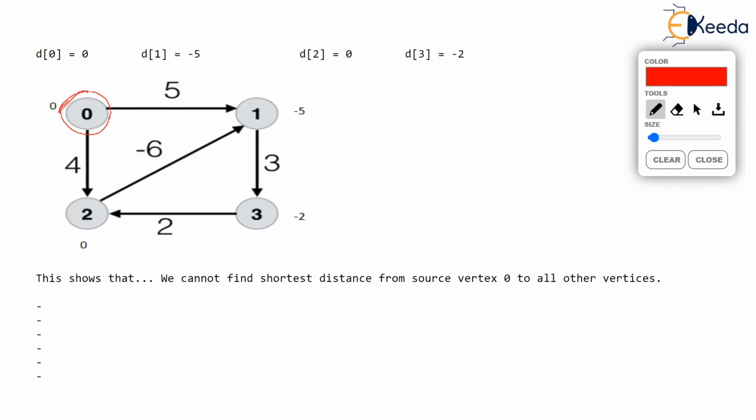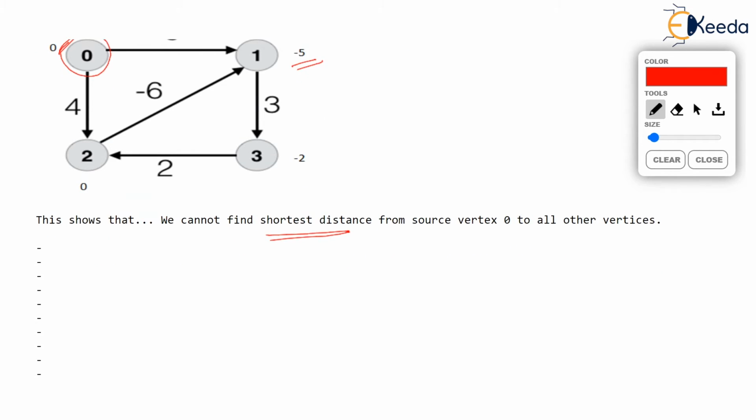But after v minus 1 repetitions, if there is any change in the distance when we relax all the edges, then Bellman Ford algorithm will announce it cannot find shortest distance. Now before I end this video, let's talk about time complexity of Bellman Ford algorithm.